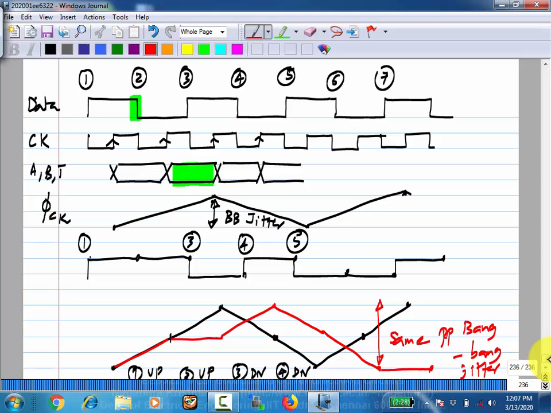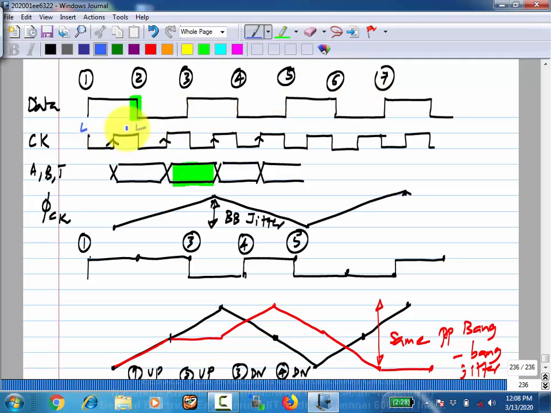Is this okay? Any questions? See, the clock phase, first consider the case where you have transitions every time, right? The first edge is late, that's why you are getting an up signal. The next edge is late, that's why you are getting an up signal. Okay?